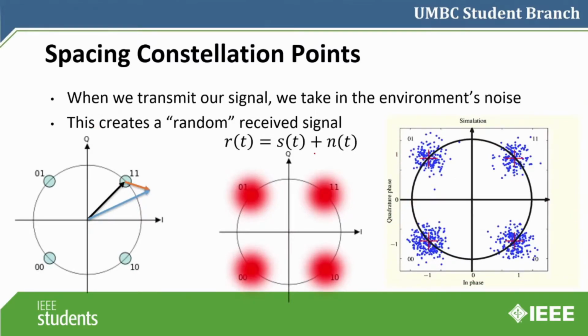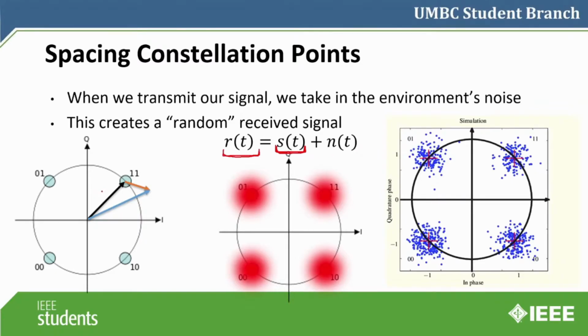There are a lot of different constellations. We're going to keep looking at QPSK for right now, and we're actually going to talk about gray code a little bit more. So let's say we transmit the signal where our signal is S of t, that's that cosine that we've been looking at, and when we receive it, our R of t, the received signal, is the sent signal plus some noise. There's some noise in the channel we send. It could be a wire, it could be a wireless channel with a lot of interference, but there's some noise added.